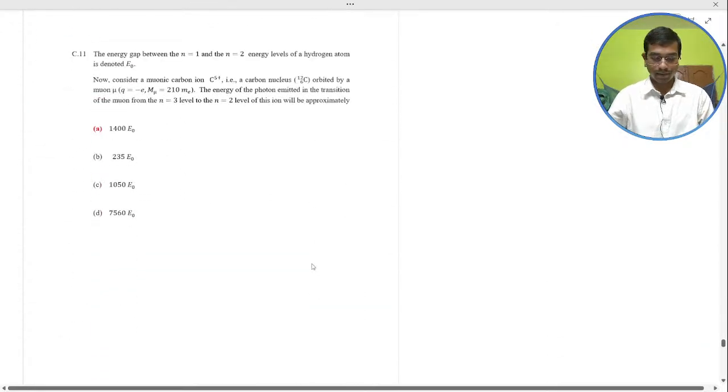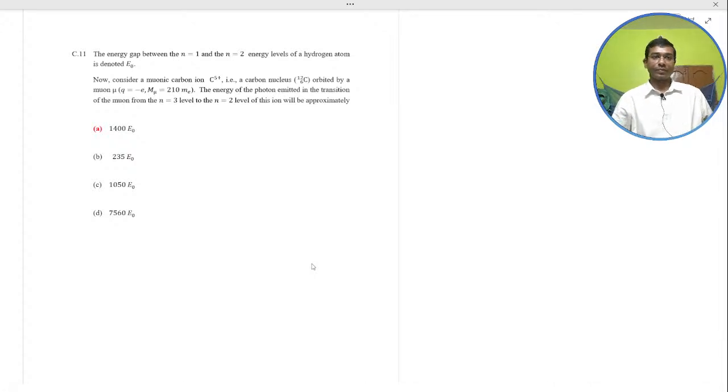Next, question number 11. The energy gap between the n equal to 1 and n equal to 2 energy levels of a hydrogen atom is denoted E naught.